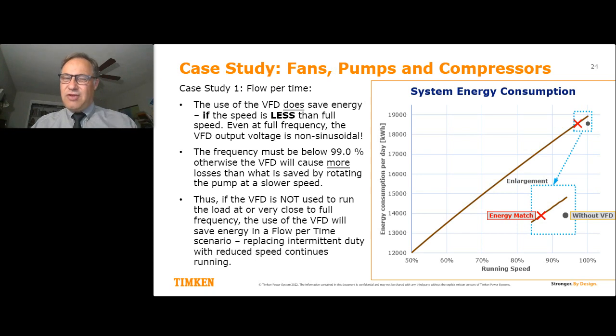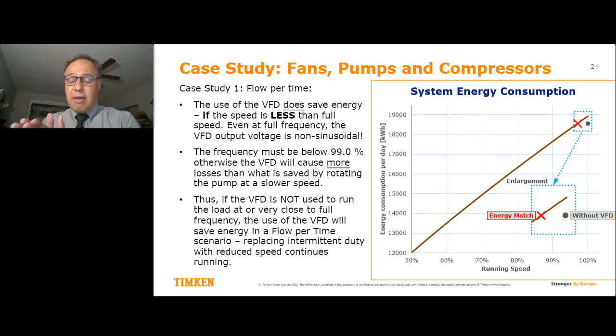So running the VFD at full speed on the motor is not saving energy because the output voltage is still non-sinusoidal from the drive. There's still losses in the drive. So the frequency must be below 99%, otherwise the VFD will cause more losses.